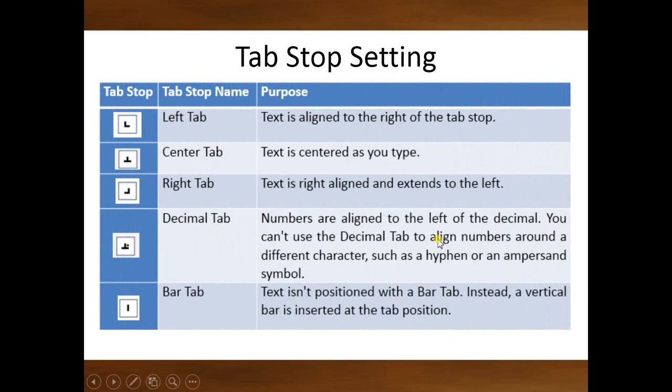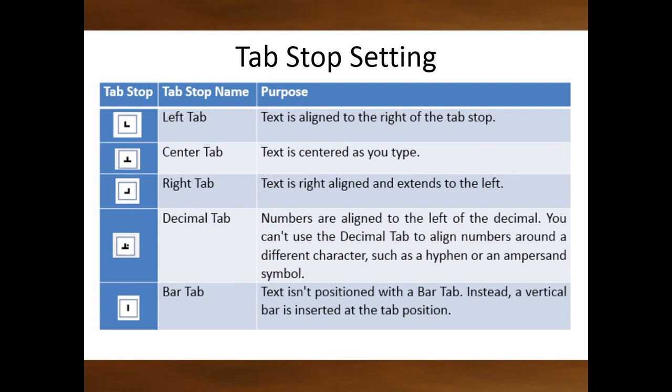Let us look at the types of tab stops we have in Microsoft Word. These are left, center, right, decimal, and bar. When the left tab stop is set, the text is aligned to the right of the tab stop.